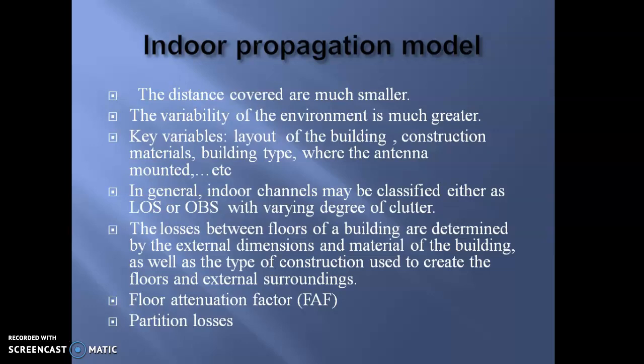In general, indoor channels may be classified as either LOS or OBS with a varying degree of clutter. The losses between floors of the building are determined by the external dimensions and the material of the building, as well as the type of construction used to create the floors and the external surroundings. This is the floor attenuation factor, called FAF for short, and there are also partial losses.